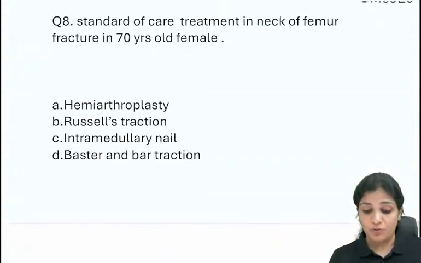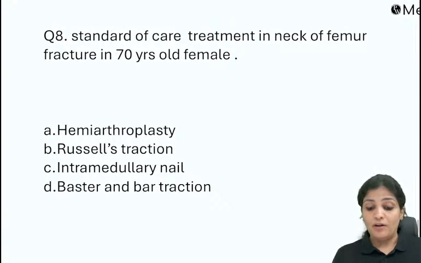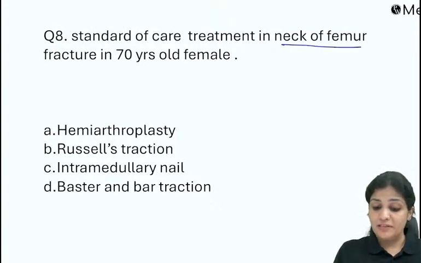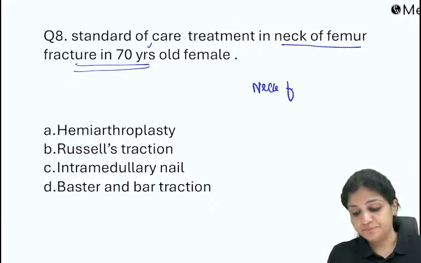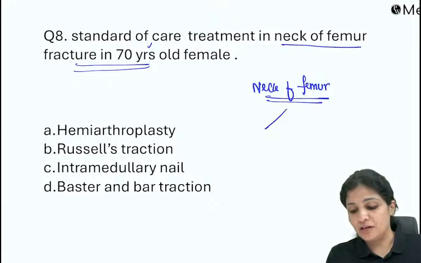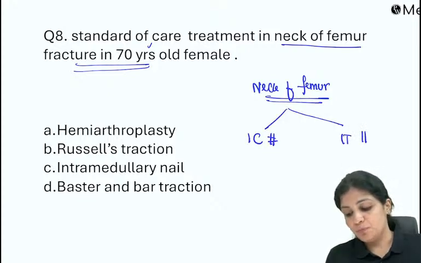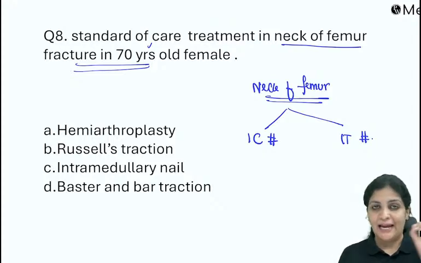And one more thing I want you to remember is this question. What is the care of neck of femur? This has been asked again in the exam. If the patient's neck of the femur is fractured, you have to understand the neck fracture has two types: IC fracture and IT fracture. Both are neck fractures, IC and IT.